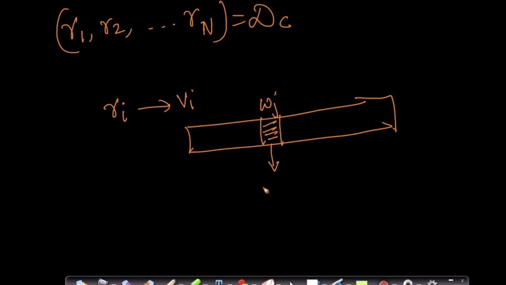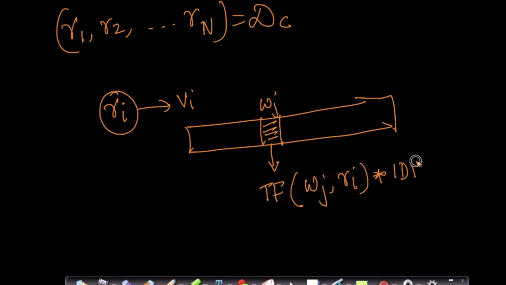The cell value here will be the term frequency of Wj in Ri, because I'm computing for review Ri or document i, multiplied by IDF of Wj in my document corpus. Now let's understand what this multiplication will look like. This value basically says how often Wj occurs in review Ri. So if Wj occurs very often in Ri, this value will be higher.